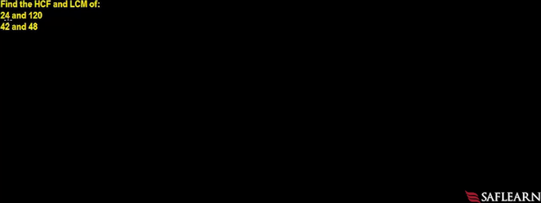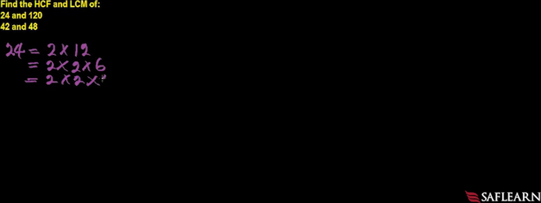So the first thing we're going to do is to express 24 and 120 as products of prime factors and leave our answer in index form. So we have 24 is equal to 2 times 12, and 12 is 2 times 6, and this is 2 times 2 times 2 times 3.